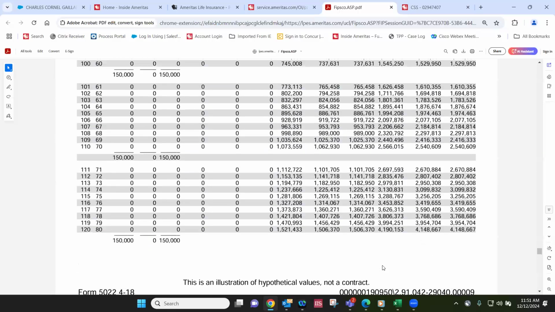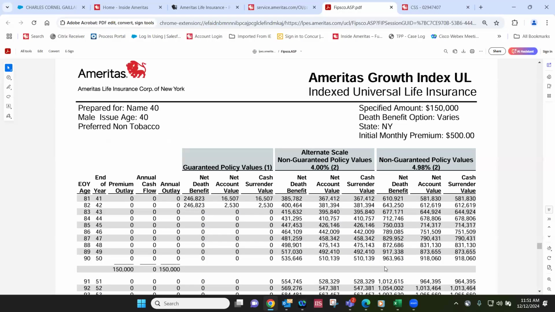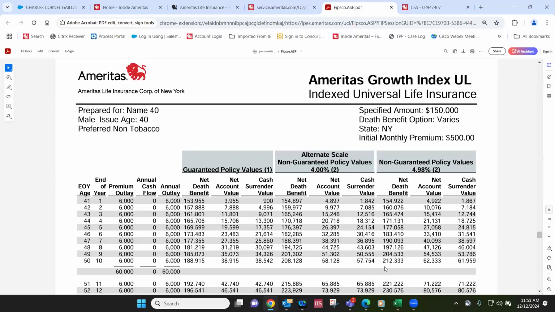And some people kind of balk at that. They'll be like, Kristi, that's kind of low. Why? I can see higher returns with other carriers. And I'm not arguing that, because you're absolutely right. I promise you, there are other carriers showing higher non-guaranteed illustrated rates.